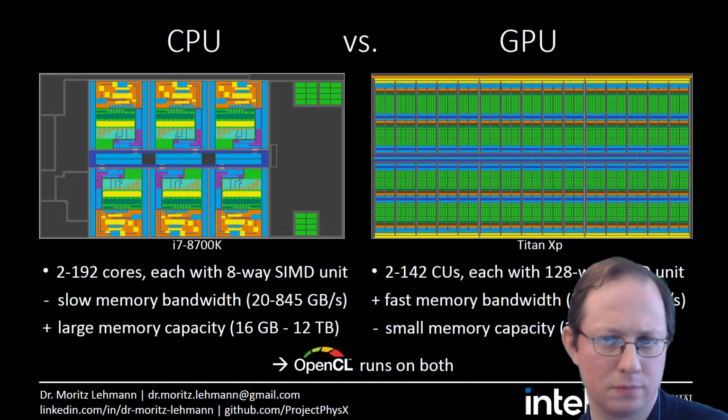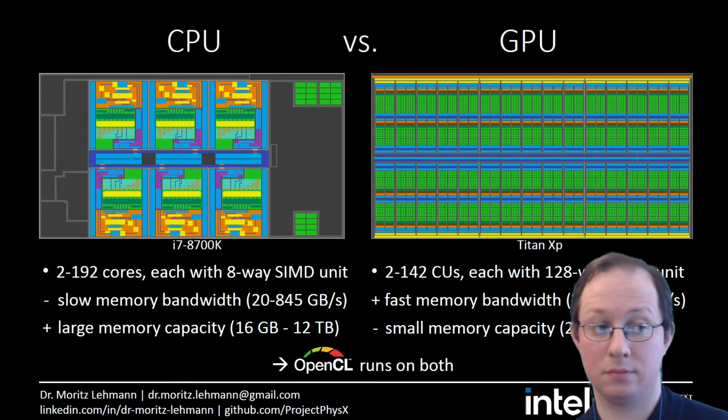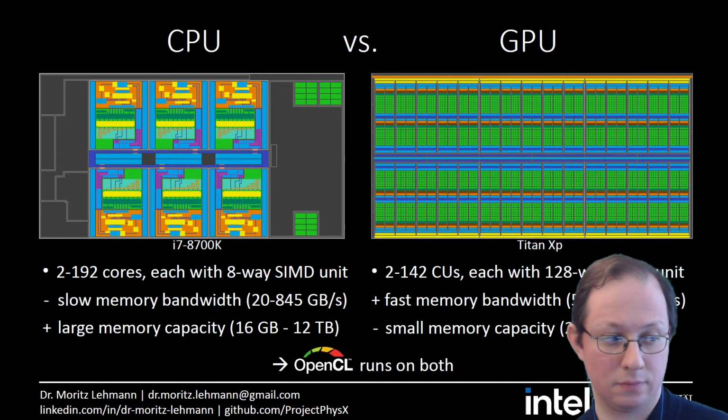And yeah, on the main memory side, CPUs usually have a lot lower memory bandwidth, between 20 and [unclear] GPUs have a lot faster memory, up to like 5 terabytes a second for the data center stuff.